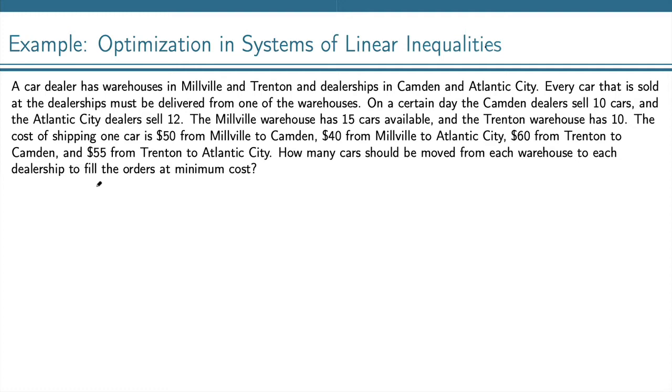So to solve this, let's first draw a diagram so that we can understand what's going on here. So we've got warehouses in Millville and Trenton. And we've got dealerships in Camden and Atlantic City.